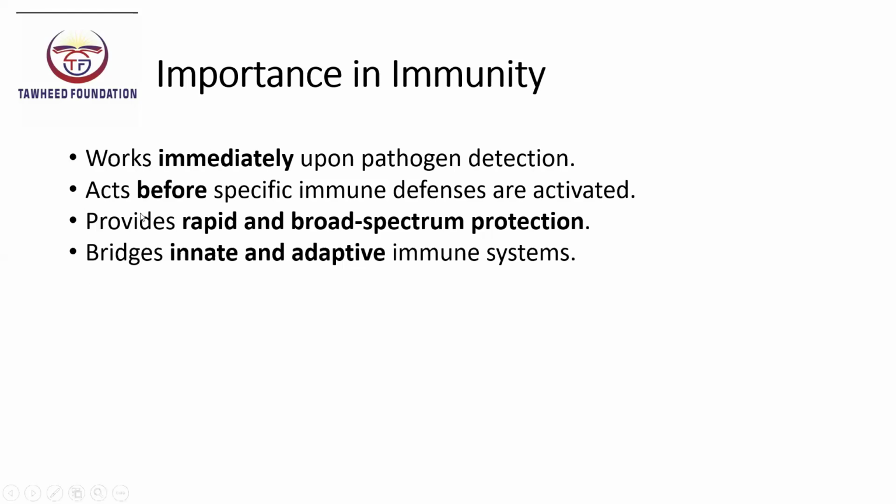So, what is the importance in immunity? It will work immediately upon pathogen detection. It will act before specific immune defenses are activated. It provides rapid and broad spectrum protection, and it bridges innate as well as adaptive immune systems.